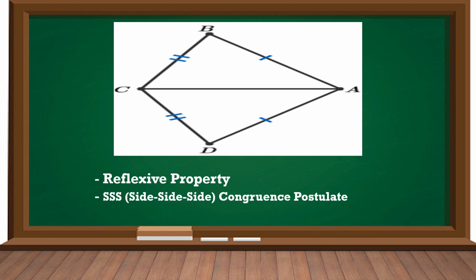The three sides of the two triangles are congruent. Therefore, we can say that the two triangles are congruent, having SSS congruence postulate or side-side-side congruence postulate, which says that the three corresponding sides of one triangle are congruent to the three corresponding sides of another triangle.